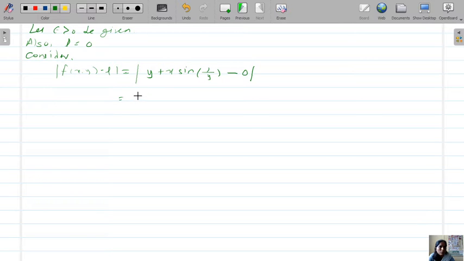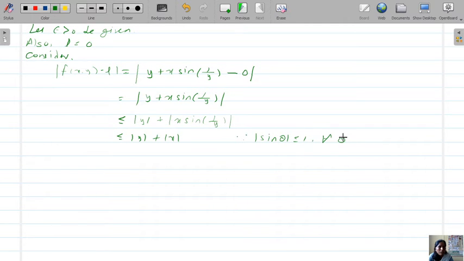So simply mod of y plus x sine 1 upon y. Mod x plus y is less than or equal to mod x plus mod y, by the triangle inequality. So this is less than or equal to mod y plus mod of x sine 1 upon y. Again this is less than or equal to mod y plus mod x. The reason is that mod of sine theta is less than or equal to 1 for every real number theta, and what we have written here is by the triangle inequality.